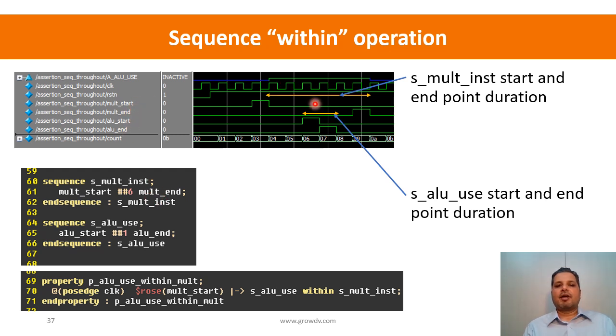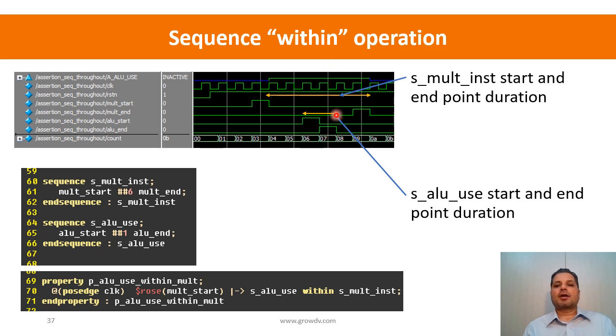So let's see in the waveform to understand it better. We have mult start over here at the clock count of 3, and then we have mult end at the clock count of 9. So we have about 6 clocks between them, and that's the total duration of your mult start and mult end matching. And then at the count of 6 on this particular clock edge, the ALU start is getting triggered, and then on the subsequent clock, the ALU end is getting asserted.